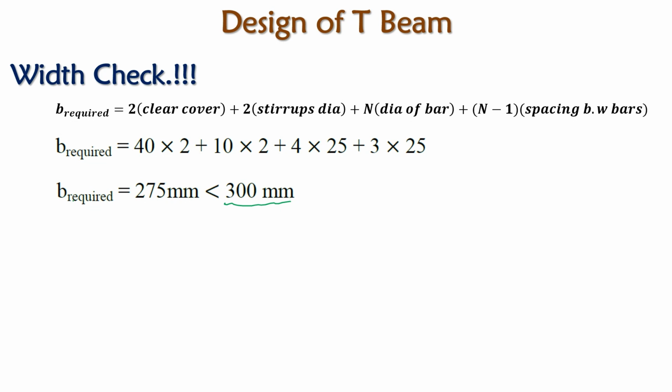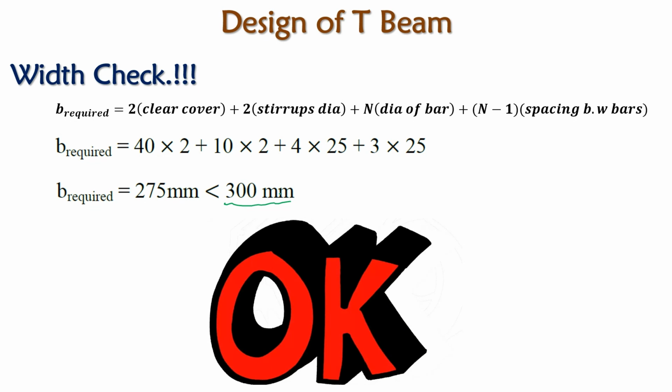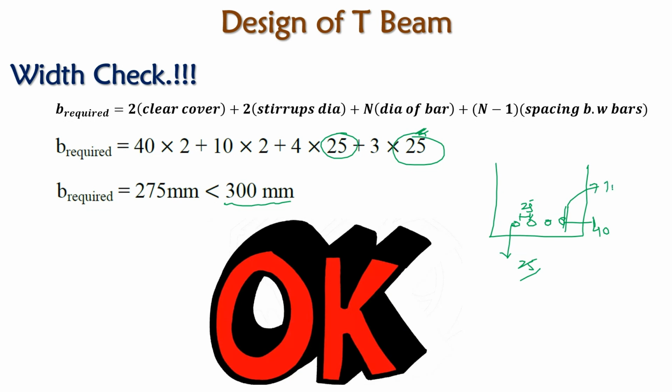Since the required width is less than the available width, the design is okay. The beam will be able to sustain these 4 bars of 25 millimeter diameter with a spacing of 25 millimeter between them. The dia of one bar is 25, clear cover is 40 millimeter, and stirrup dia is 10 millimeter.